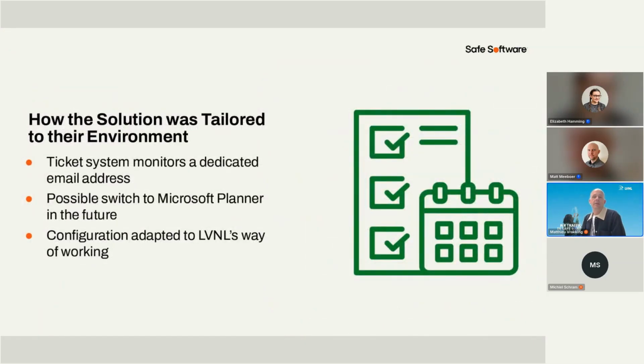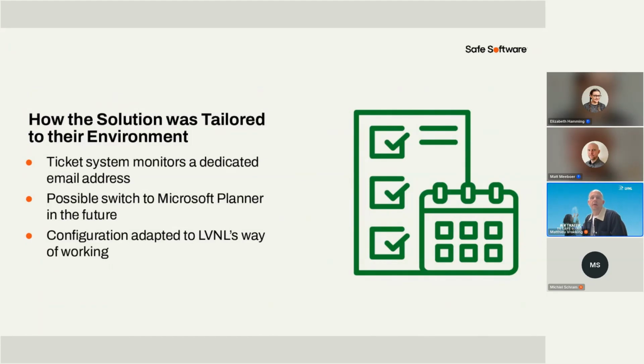We use a ticket system that monitors a dedicated email address, and this helps our team keep track of all requests. So that is for all issues coming from outside the company or internal.